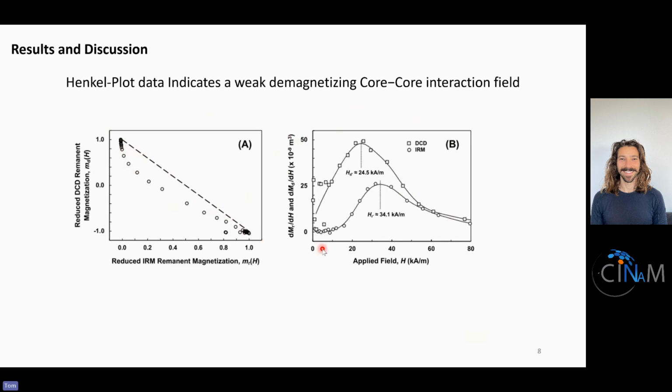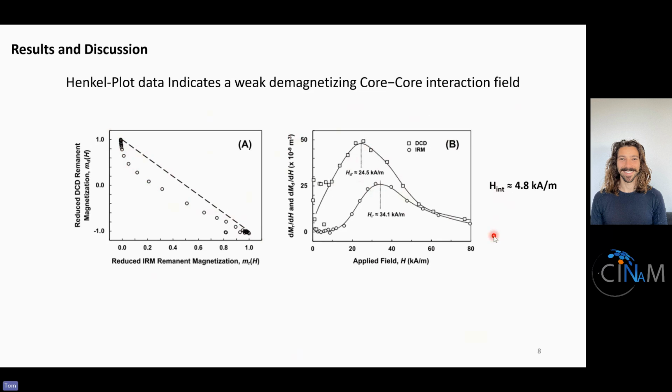And we can also measure this demagnetizing effect with this graph. And basically, it's a magnetic interaction between two particles around 5 kiloampere per meter. And this measurement is really low.